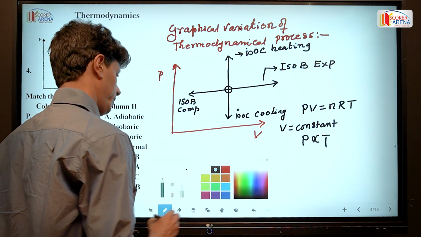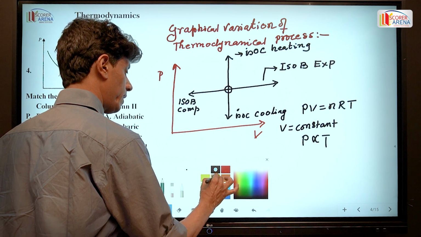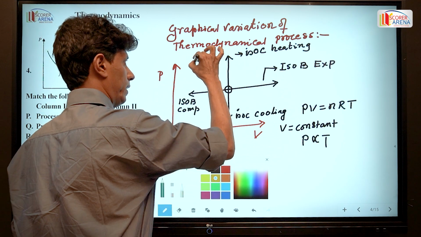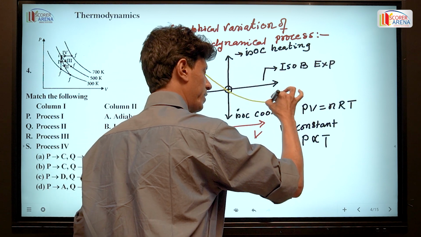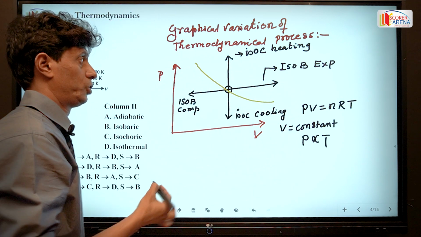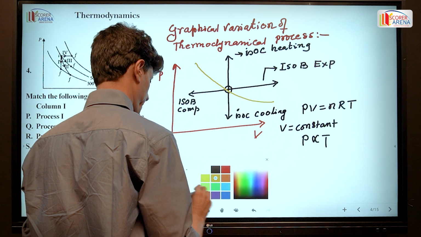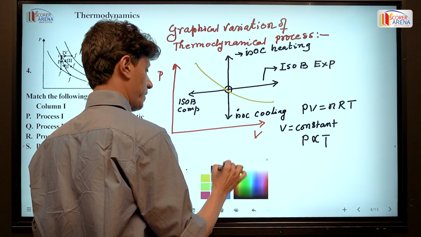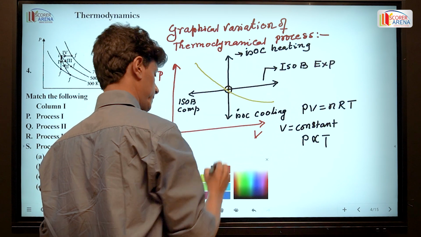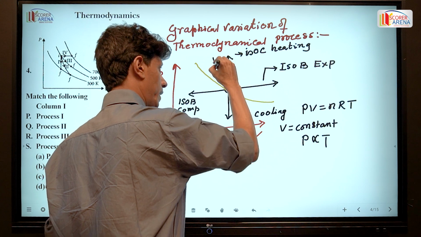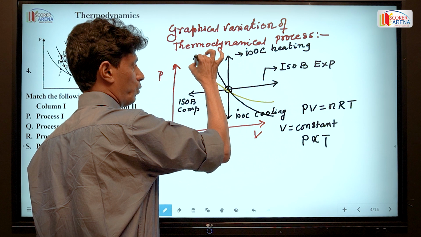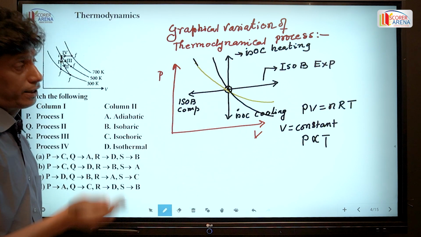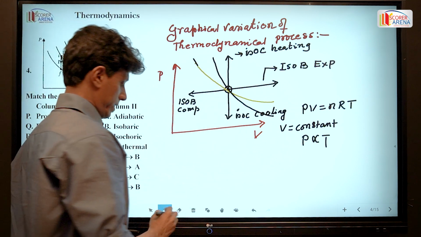And next, I have drawn two hyperbolic lines here. One is more stiffer than the other.